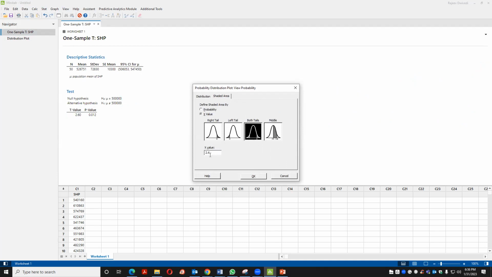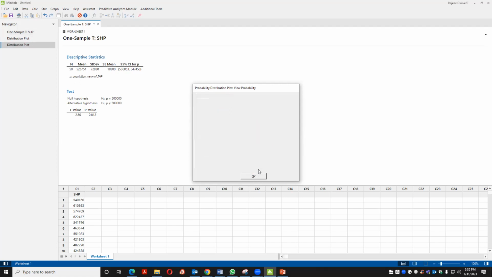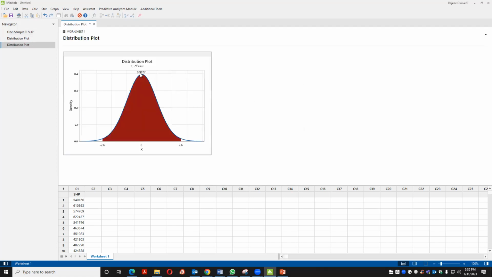So I need to put two values, minus 2.6 to 2.6. Look into this. Up to what level is this going? 98.77. So if this hypothesis has to be accepted, we have to go to about 99% confidence.